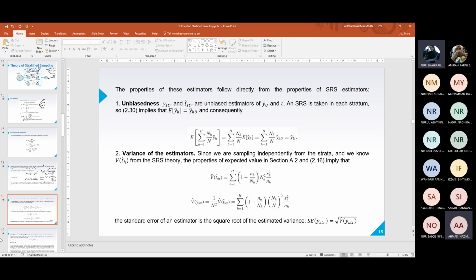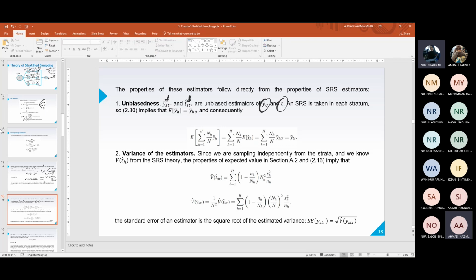Since we use simple random sampling when selecting the sample for each stratum, it is an unbiased sampling technique, because from there you can also calculate the mean salary of all Malaysians and the population total of all Malaysians by using the Y bar stratified and T hat stratified.